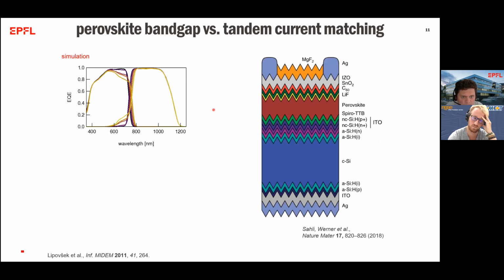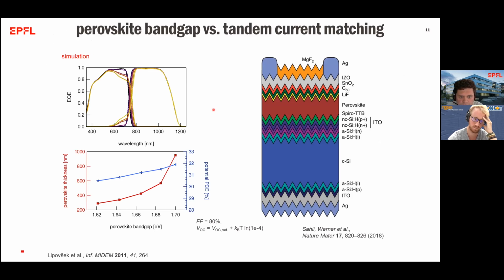Now we will shift onto tandem devices, tandems of perovskite and silicon. And I'll start again with a simulation. So you can see here the simulation of current matching conditions for perovskites with different band gaps and how thick you would have to make them in order to reach current matching.